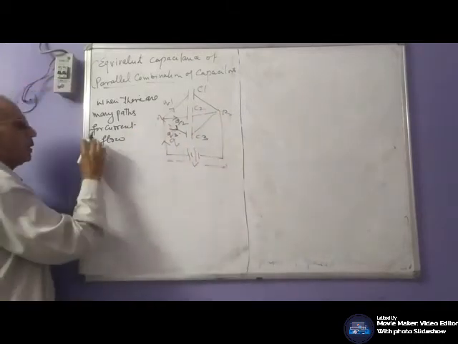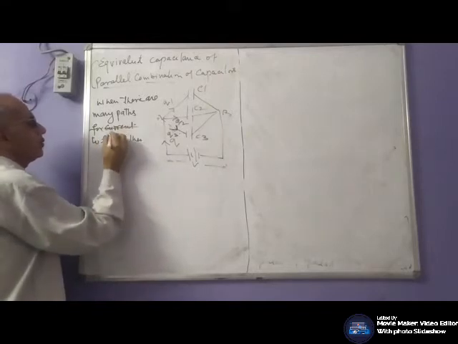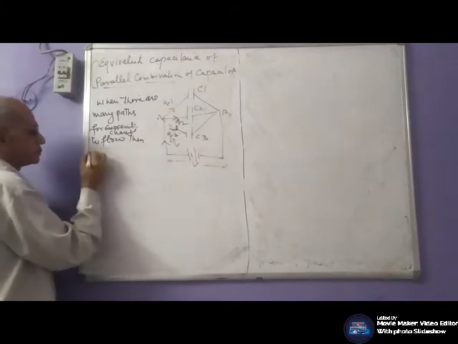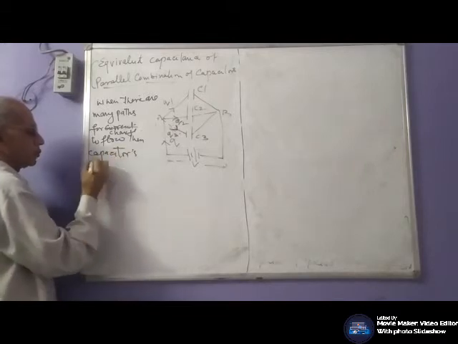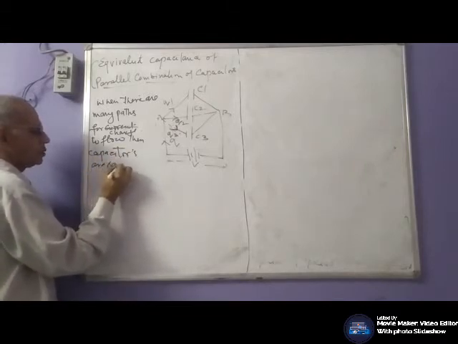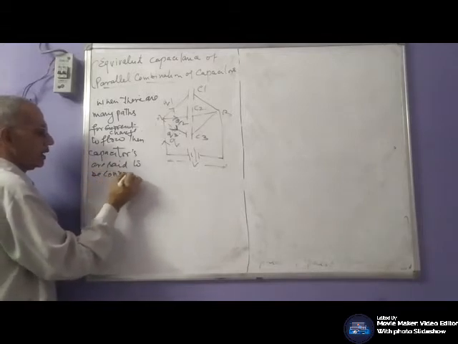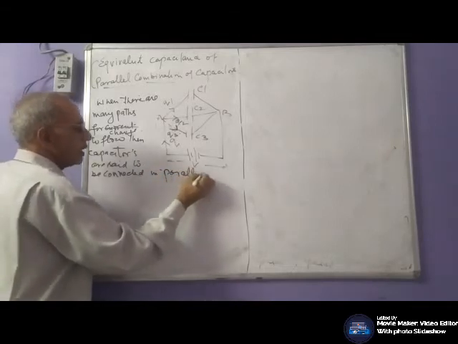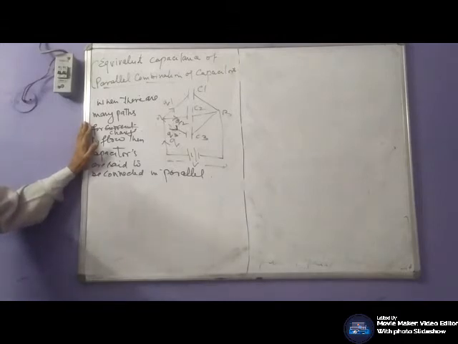When there are many paths for current, not current, for charge to flow, then capacitors are said to be connected in parallel. This is what the parallel combination of capacitors is.